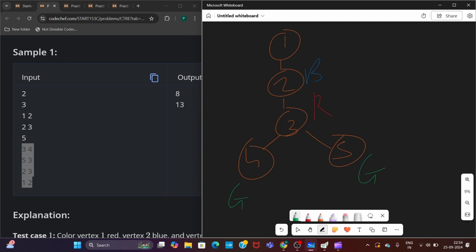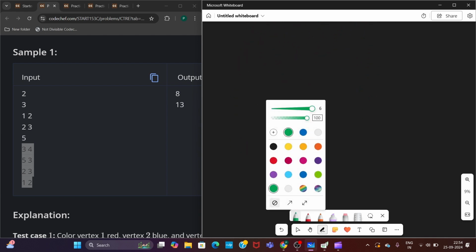Means this is green, green, and green over here. So we will start from our node one.